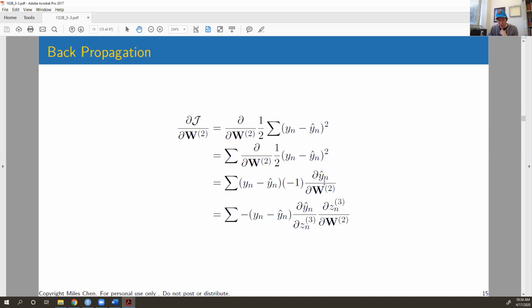All right, and then I say, well, how does y hat change with respect to W2? Because of the chain rule, we can say y hat changes with respect to the value before it, which was the third z value.